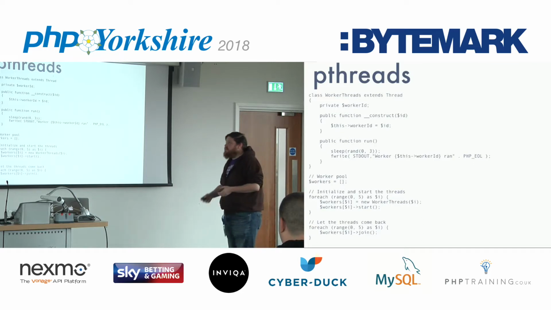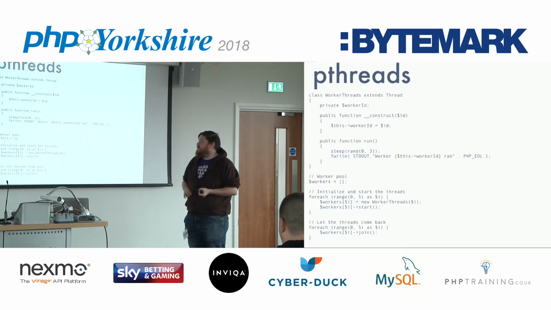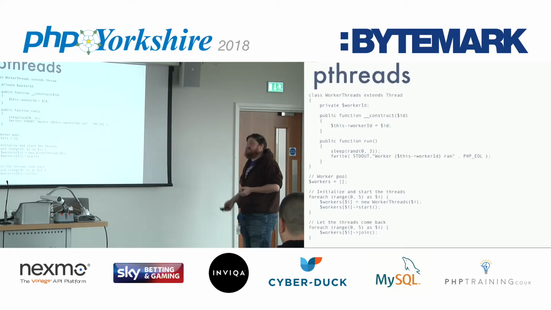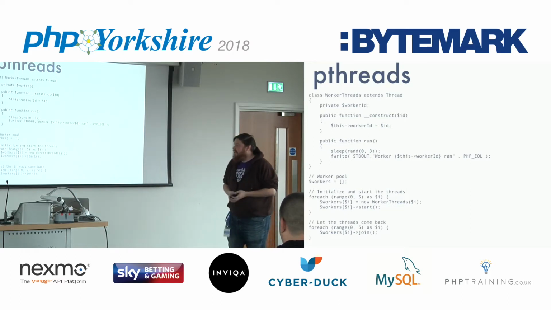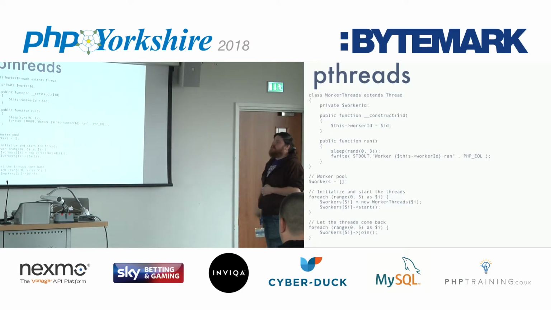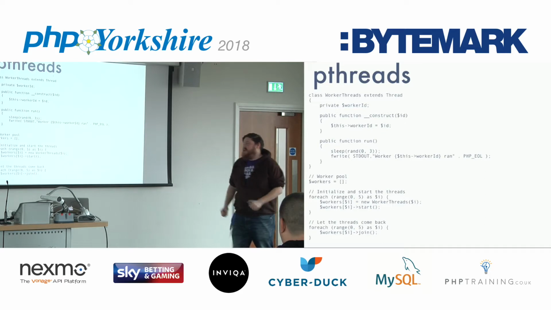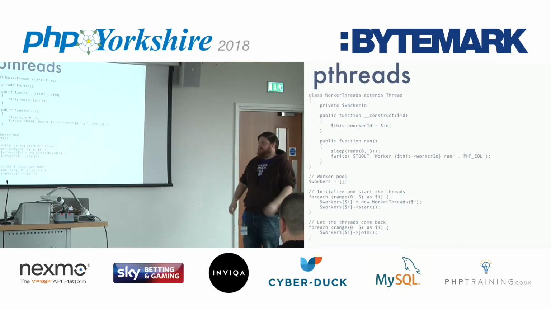So threading basically works like this. This is the most complicated thing you're going to see today. So we have a class that gets extended. We have a bunch of workers, and we have a pool, and we say, hey, workers, go do job. And they go do job. It's that simple.